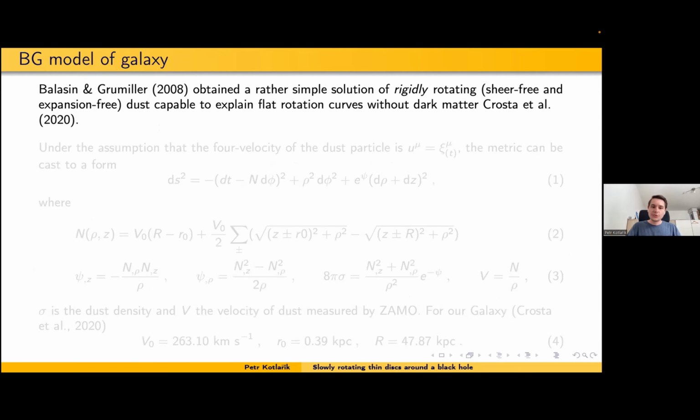Before I show you the most general metric of this kind of circular spacetime, let's talk a bit about the Balazs and Grumiller solution, which Mariateresa talked about before me. As you saw, this solution explained flat rotational curves without introducing dark matter. Balazs and Grumiller obtained a solution that should describe a rigidly rotating dust.